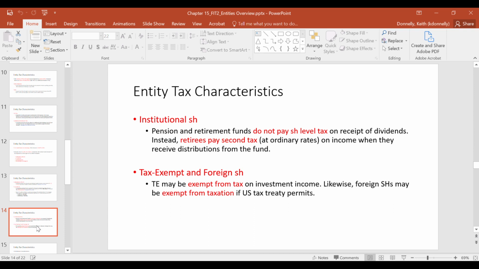Essentially what happens here is when the fund pays out to the retiree in the fund, so if you have a pension fund, for example, maybe you have 100 employees who are funding that, when the pension fund pays out to the employees after they retire, the retirees then pay the tax on those distributions. Finally, if you have a tax exempt or foreign shareholder, these are generally going to be exempt from taxation on dividends from a corporation.